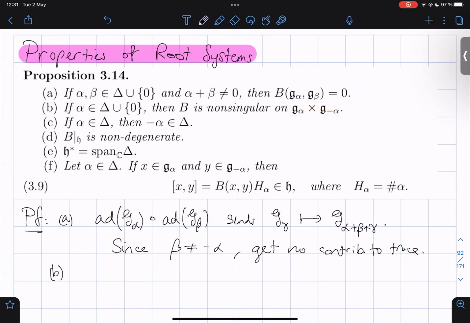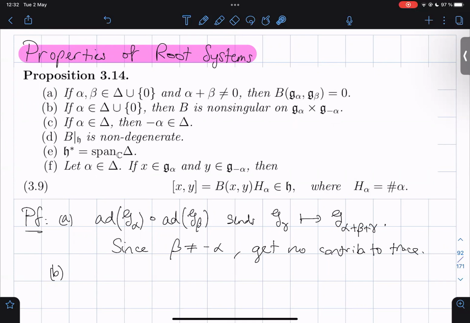Property 2. If alpha is a root, then B is non-singular. What does that mean? If I take a non-zero element from G alpha, there is some non-zero element from G minus alpha for which this pairing is non-zero. To be singular means you take a non-zero element here, and for every element over here it pairs to 0.